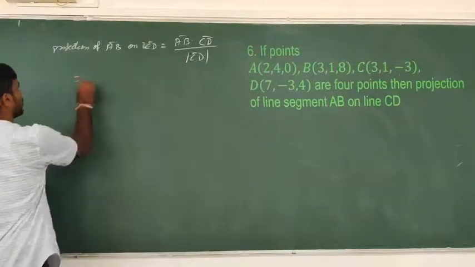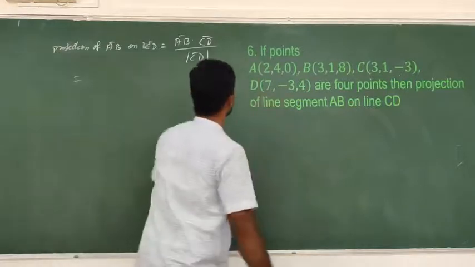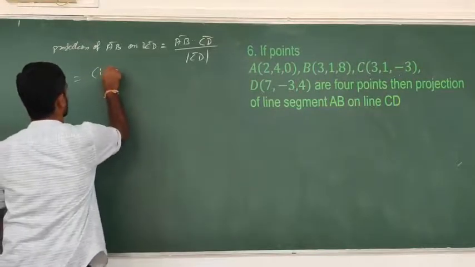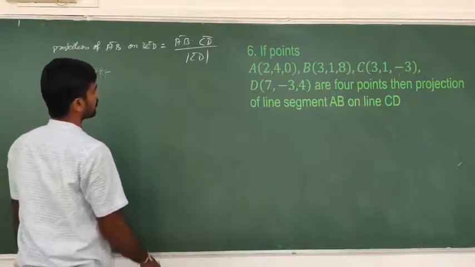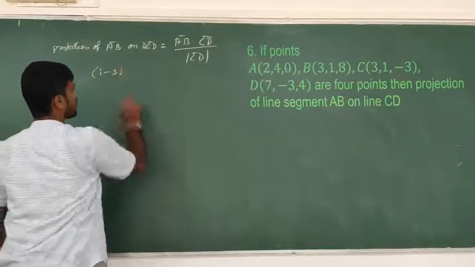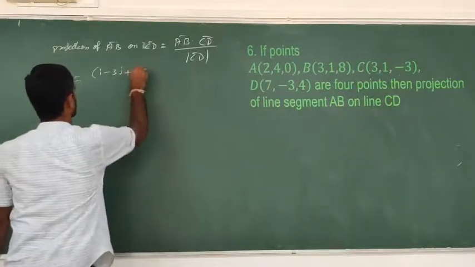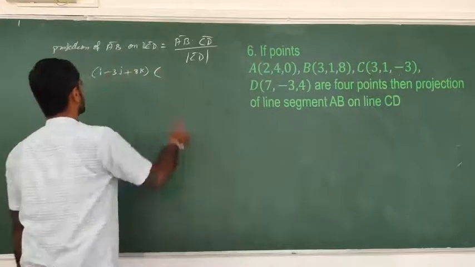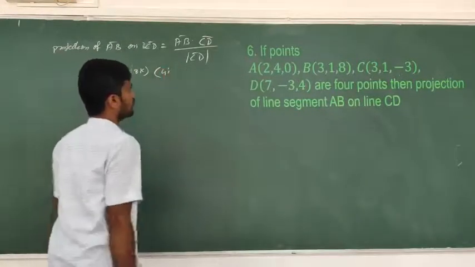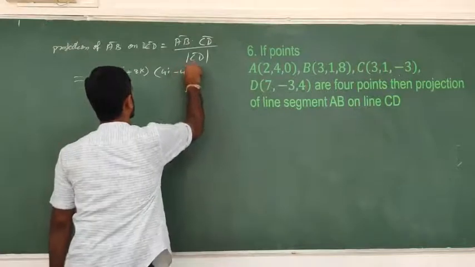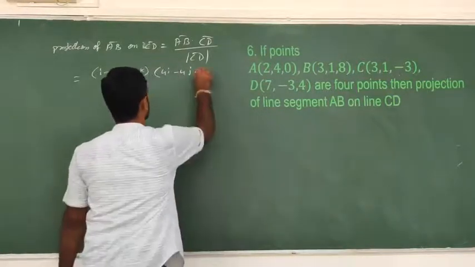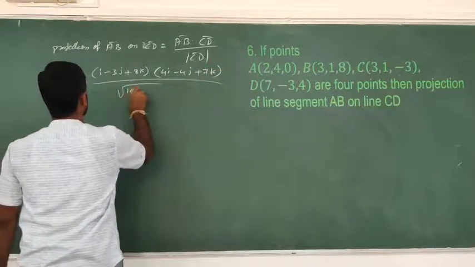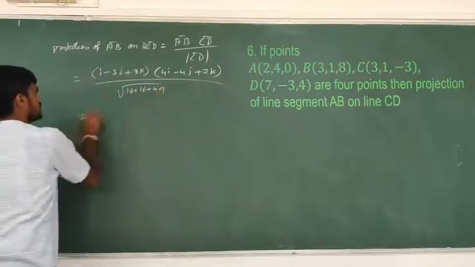So AB is 3 minus 2, that is 1 i cap, plus 1 minus 4, that is minus 3 j cap, plus 8 minus 0, 8 k cap, dot product with CD. D minus C is 7 minus 3, 4 i cap, minus 3 minus 1, minus 4 j cap, 4 plus 3, 7 k cap, divided by magnitude of CD, which is square root of 16 plus 16 plus 49.